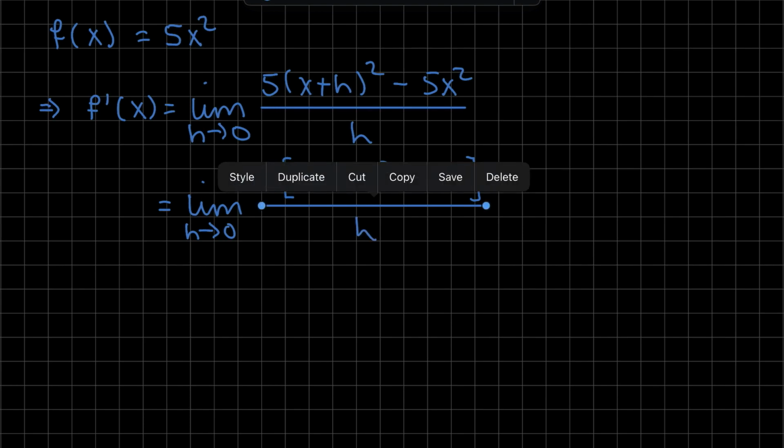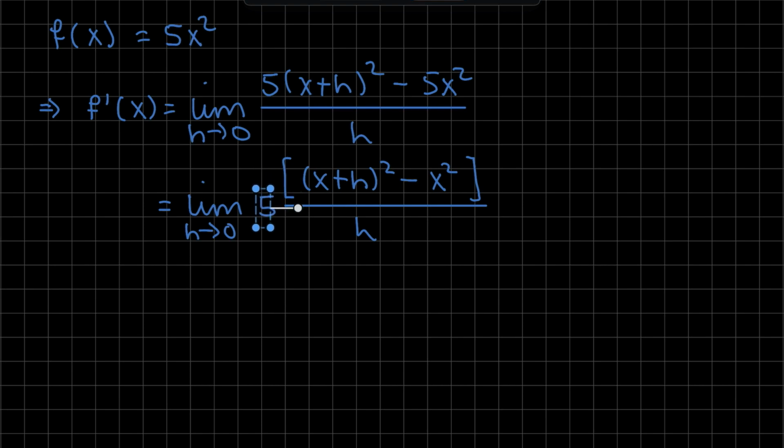And now what I can actually do is bring this 5 outside of the limit, which I'll do in a second, because it's independent of h, it's just a constant. So I'm going to have this constant 5 multiplied by everything else. The limit as h tends to 0 of x plus h squared minus x squared, and then all over h.